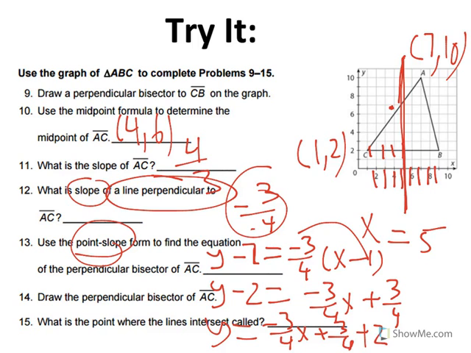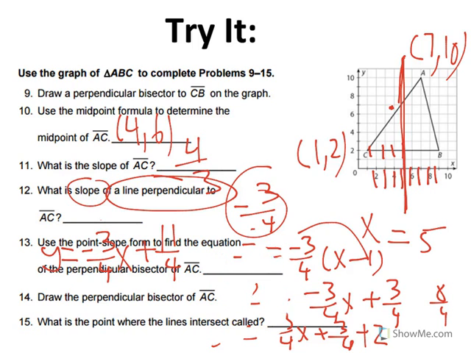Right, so let me erase this so I can write the equation. So it would be y is equal to negative 3 over 4x plus 3 over 4 plus, so we can change the 2 to 8 over 4, so it gives us plus 11 over 4. Okay, so let me clean up this work.